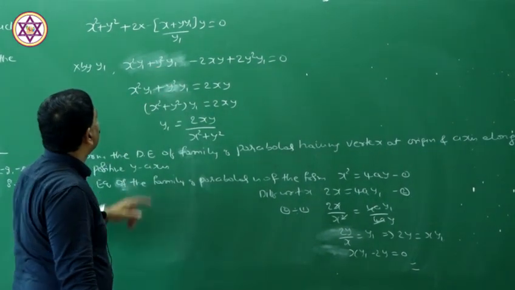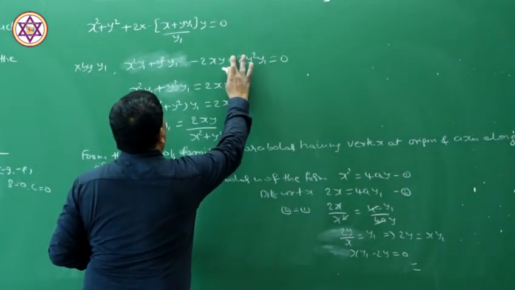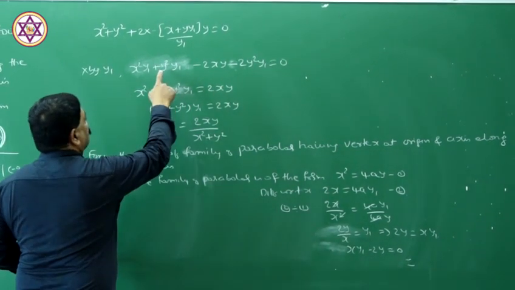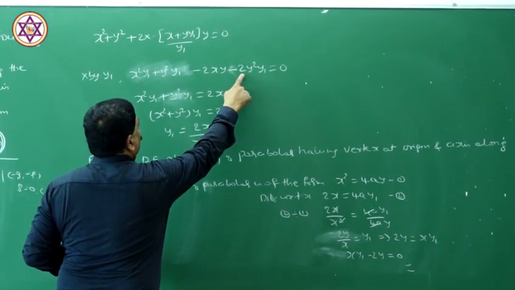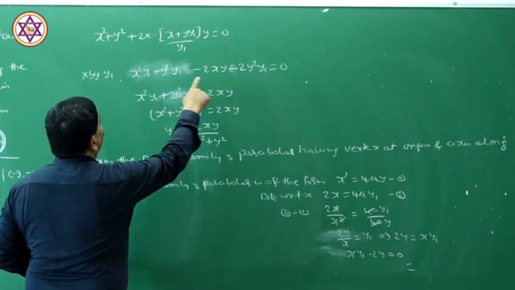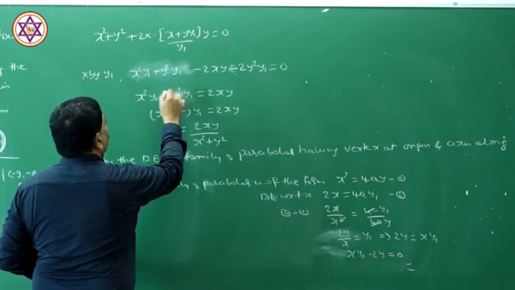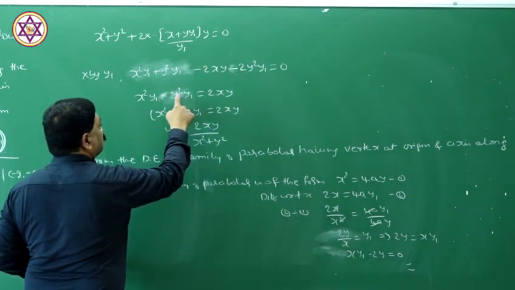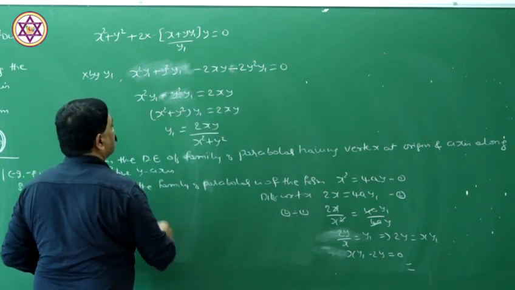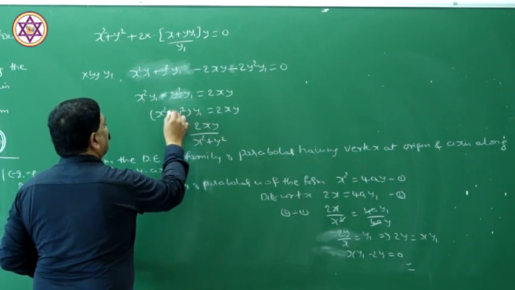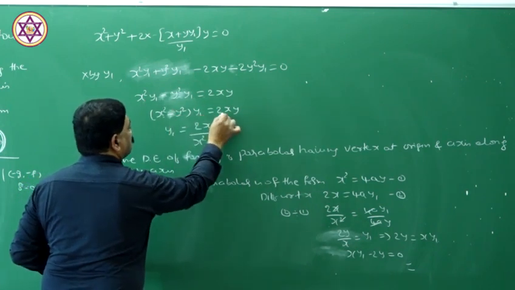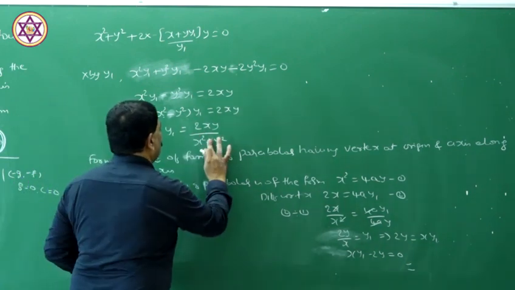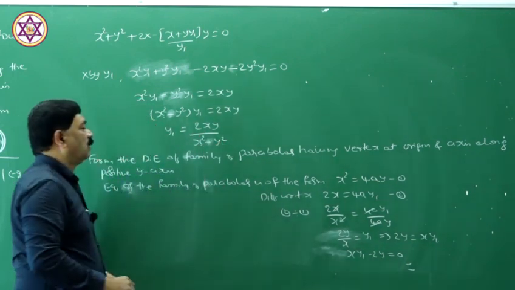Here in this particular case, y squared y1 minus 2y squared y1 means minus y squared y1, so x squared y1 minus y squared y1 is equal to 2xy. If you take y1 common, x squared minus y squared of y1 is equal to 2xy. Therefore y1 is equal to 2xy divided by x squared minus y squared.